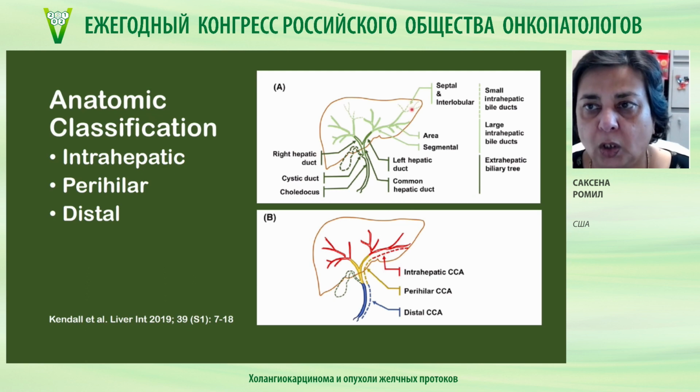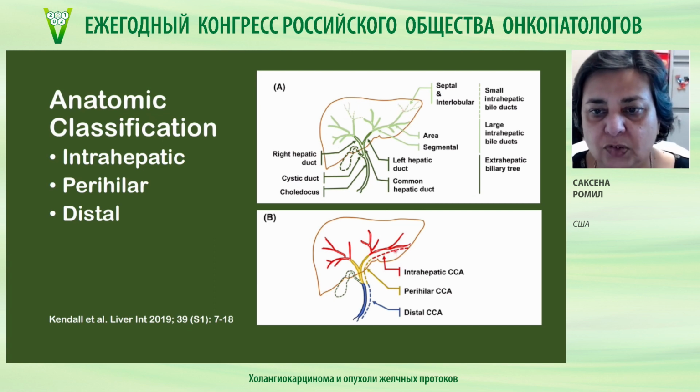So the small intrahepatic bile ducts, which are the septal and the intralobular, as well as the area and segmental bile ducts, all these would give rise to intrahepatic cholangiocarcinoma. And you see it shown in red. The septal, the intralobular, and area and segmental ducts give rise to the intrahepatic cholangiocarcinoma.